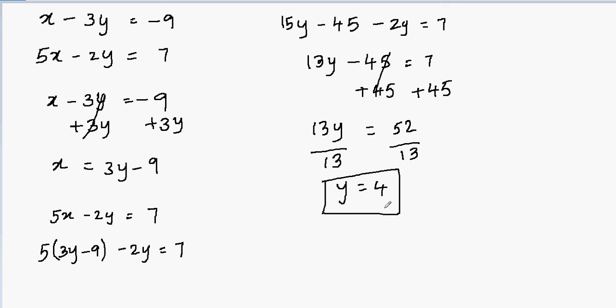Now we'll take this value and we can plug in the value of y in either of the equations. You can pick any equation which you want, but you have to see which equation will be easier to solve. So I know for sure that this equation will be easier to solve since I already have x by itself.